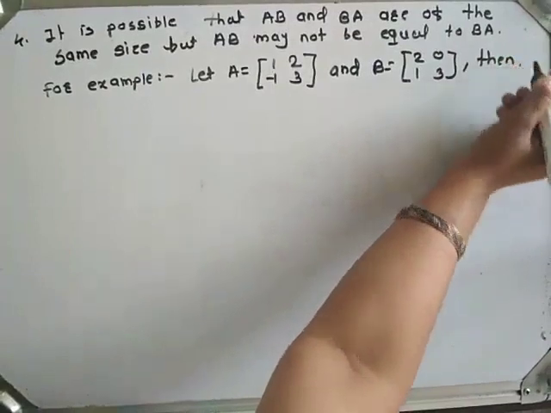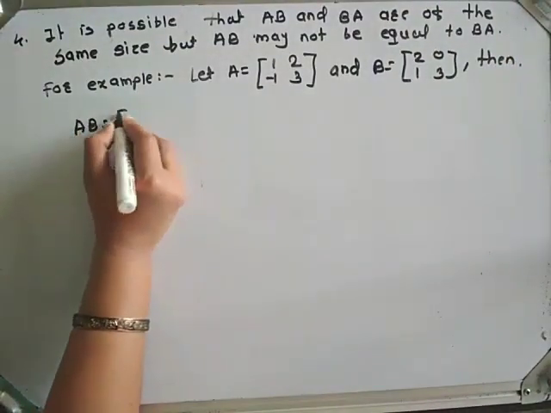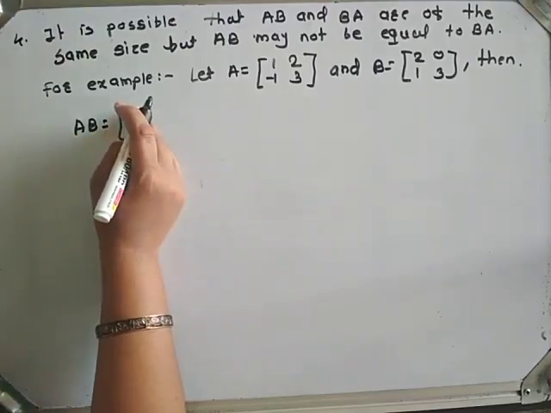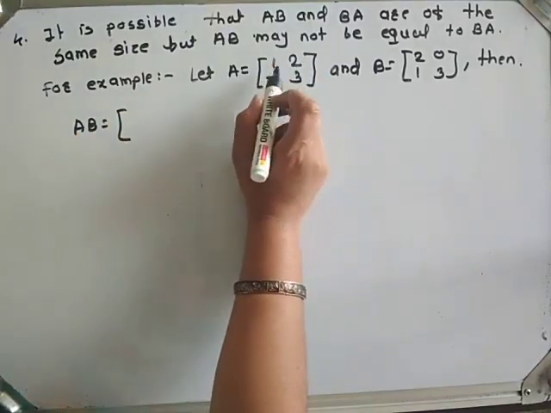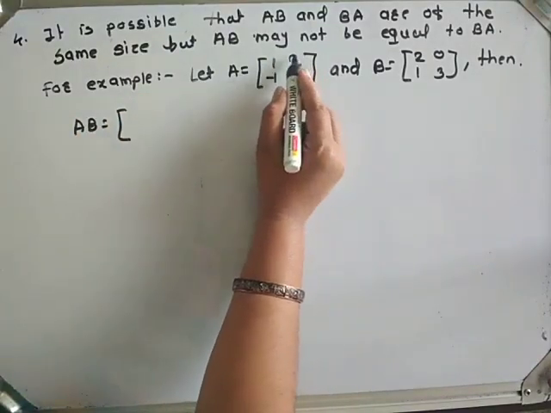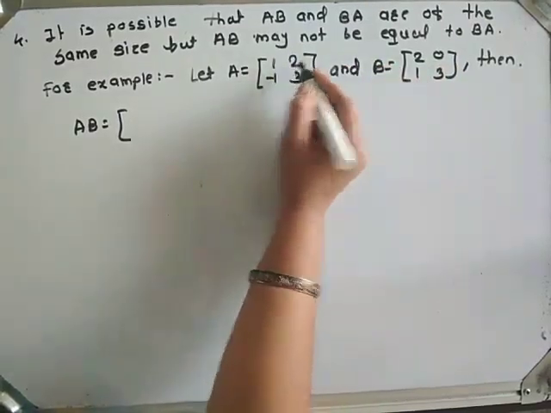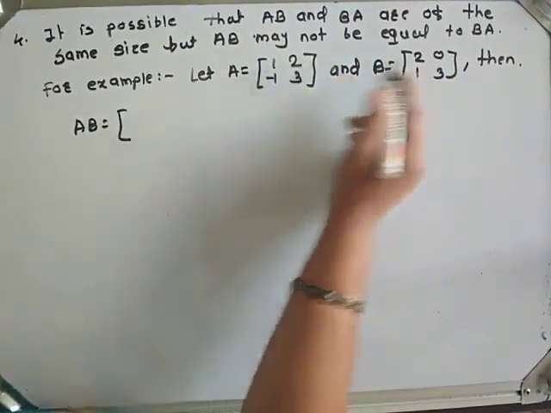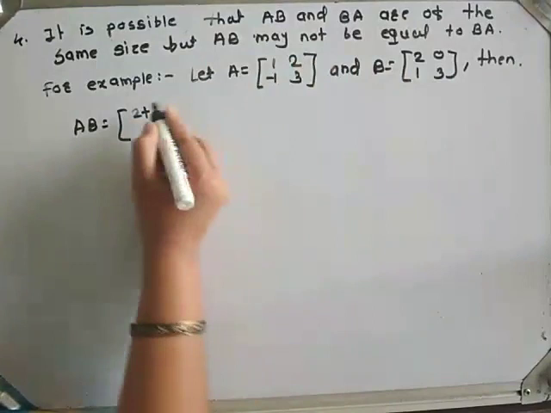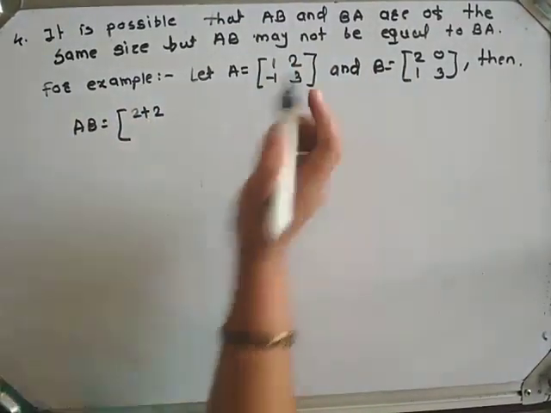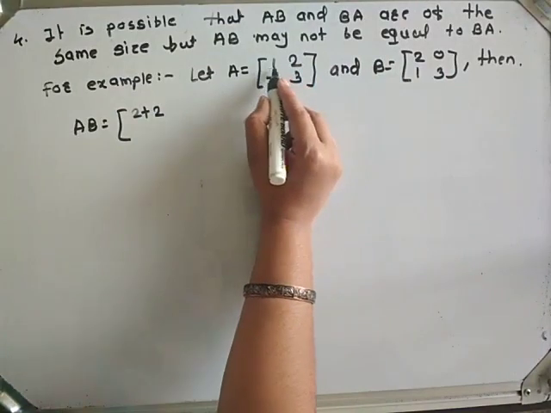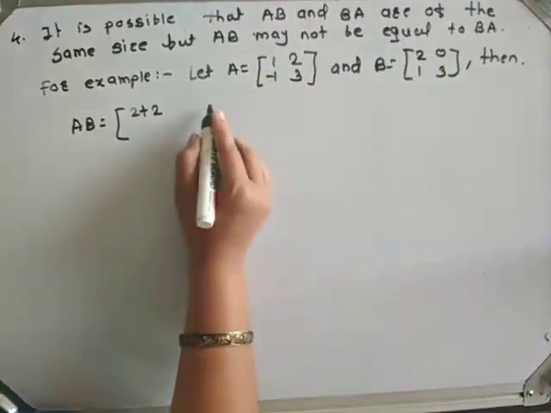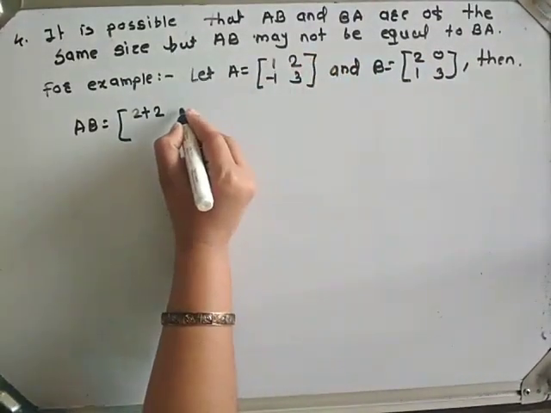Then A into B. What is A into B? For the first entry, the (1,1) entry of AB, we multiply the corresponding entries of the first row of A and the first column of B and add them. That is 1 into 2, 2, plus 2 into 1, 2, giving 4. For the second entry we multiply the first row of A and the second column of B, that is 1 into 0, 0, plus 2 into 3, 6.